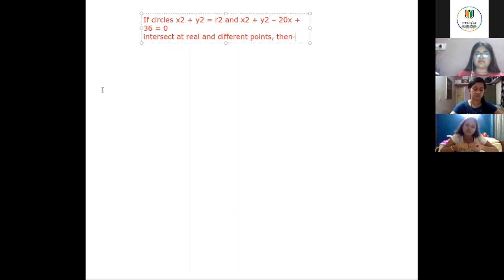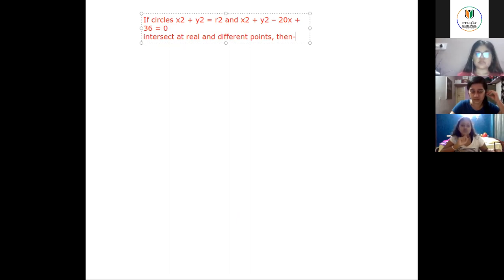So you have to tell here the value of r. These are two circles, right?